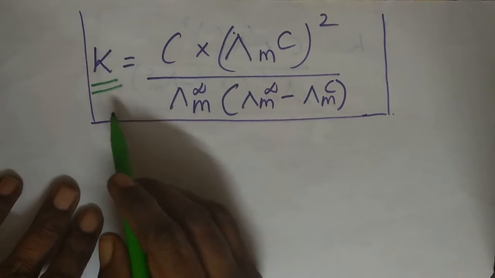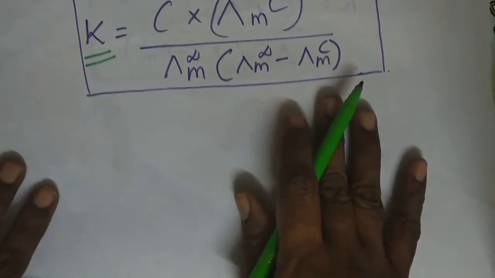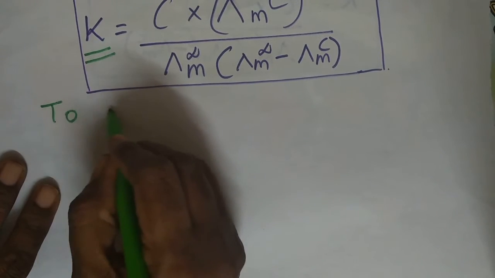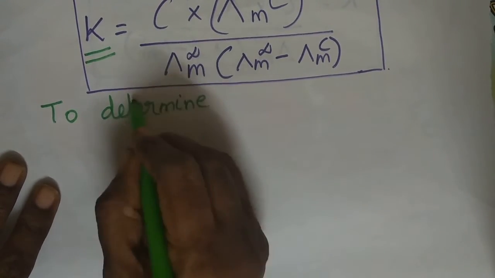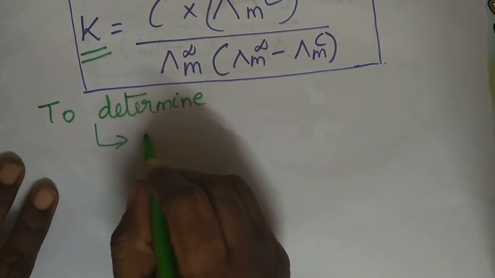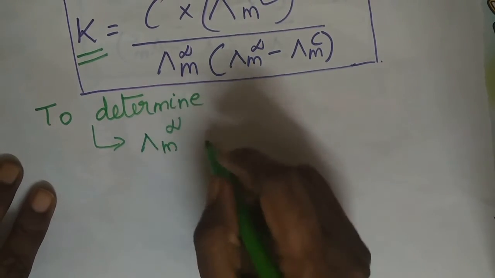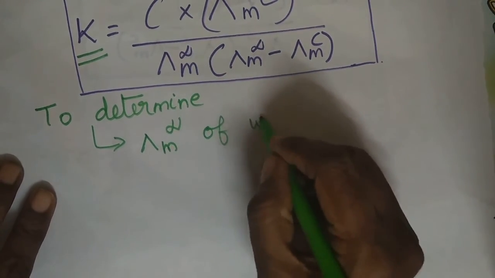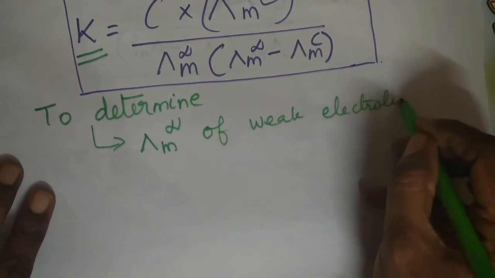So Kohlrausch law is helpful, I conclude, to determine three different things. What are they? One, to find out the molar conductance at infinity of weak electrolytes.